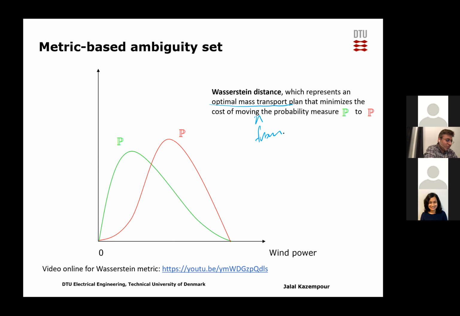But anyway, the Wasserstein distance is a probabilistic measure that shows how close or how far two distributions, like the red one and the green one, are. So it ends up as a number like 0.1, 0.2.